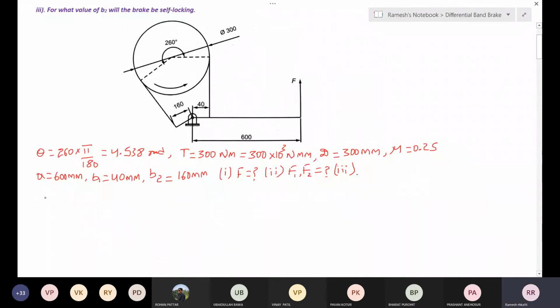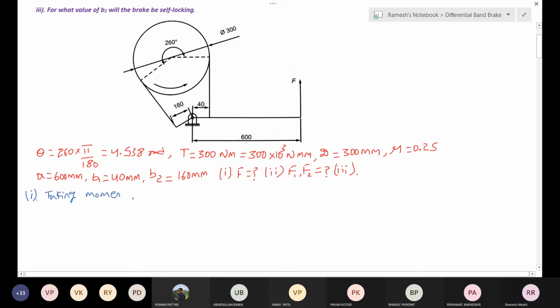Here two methods are there to find out the force. I will show both the methods, whichever is convenient for you, you can take down. In this, how you have obtained the relationship for the actuating force, you have taken the moments. According to that, you can get the required values. For that reason, I will be taking the moments.